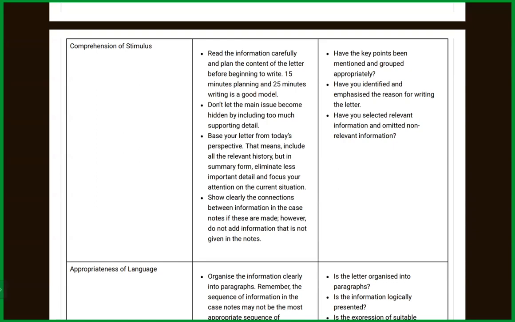The third strategy is, base your letter from today's perspective. That means include all relevant history, but in summary form. Eliminate less important details and focus your attention on the current situation. In some case notes, like visit details, a patient visits a GP clinic for 3 days.